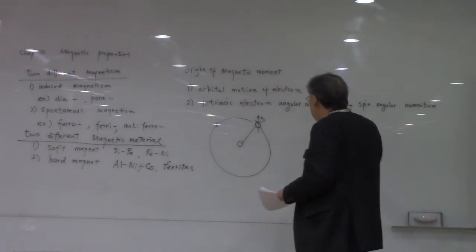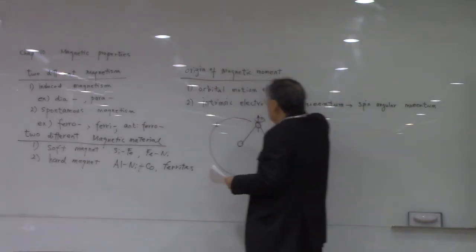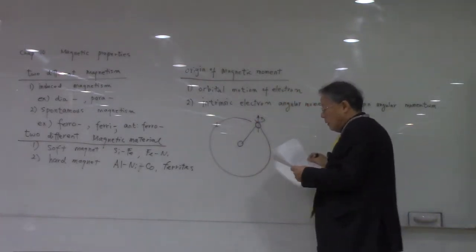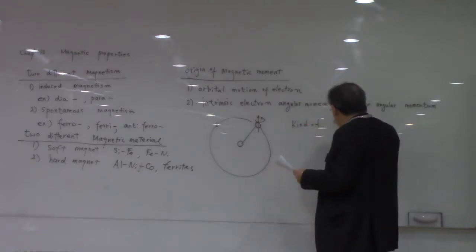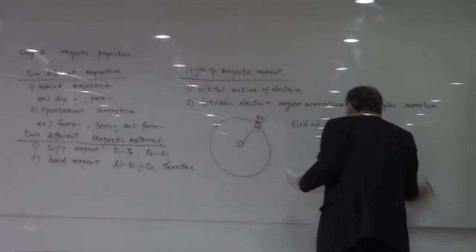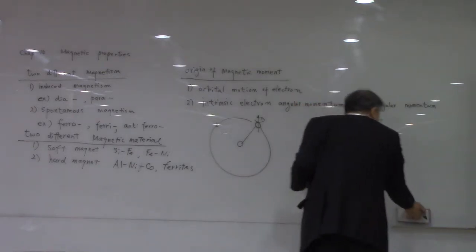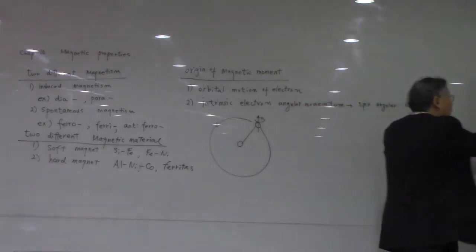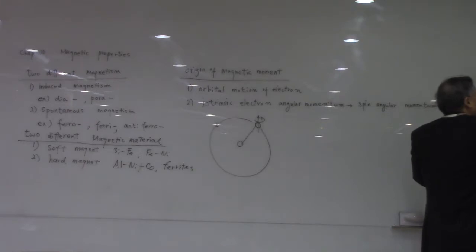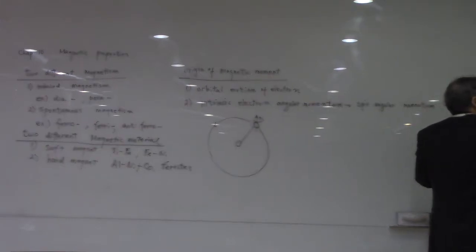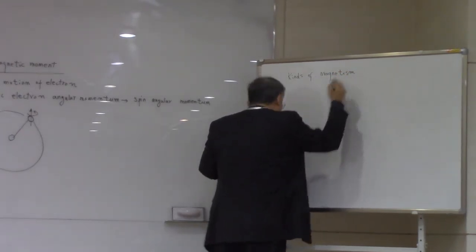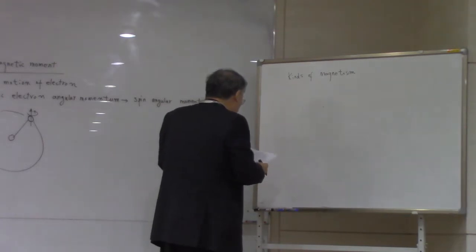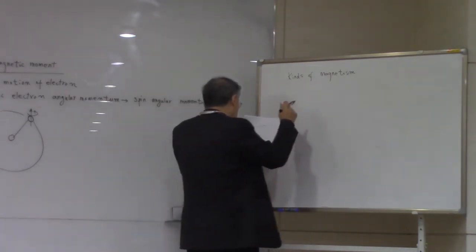And kinds of magnetism. Let me write down this thing on this board here. Kinds of magnetism, okay, which is going to be discussed in this class.